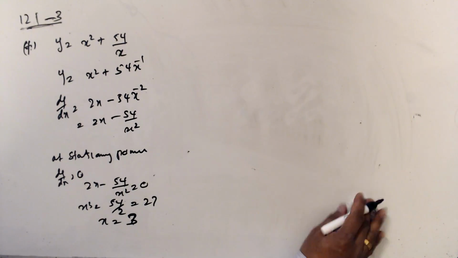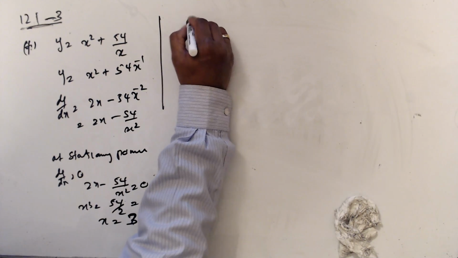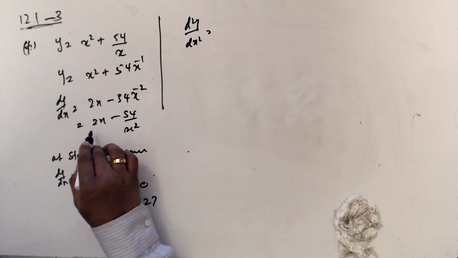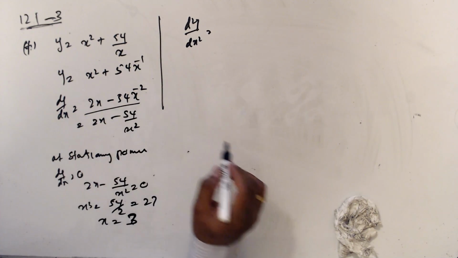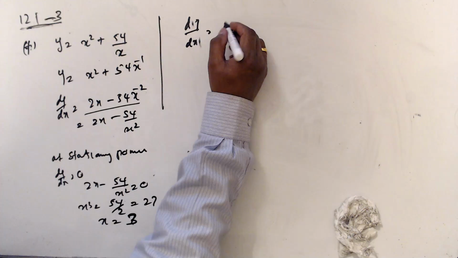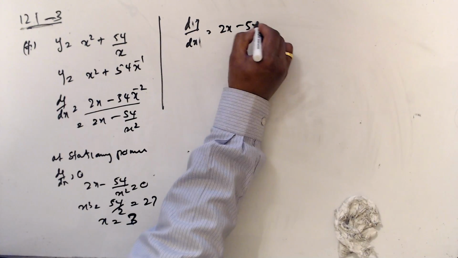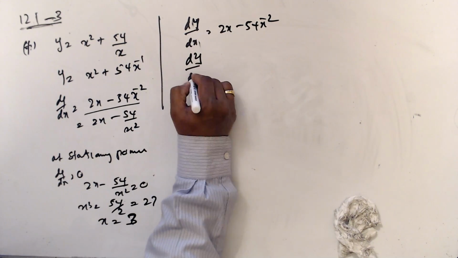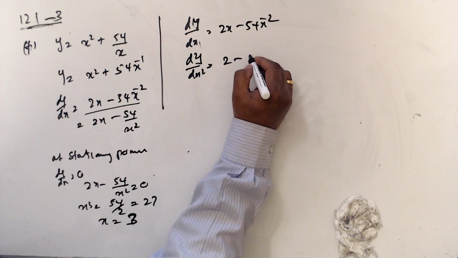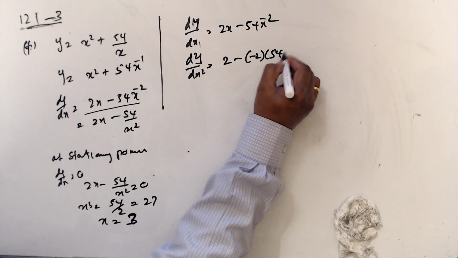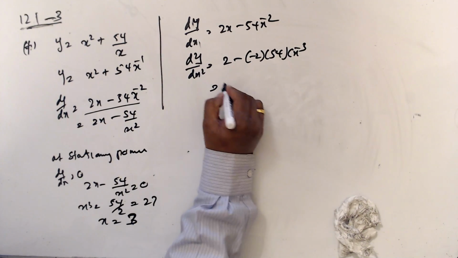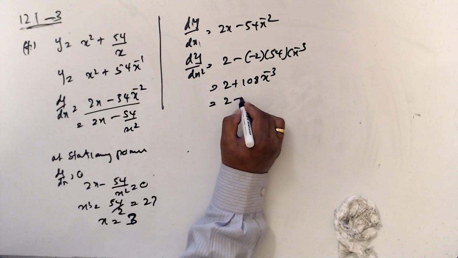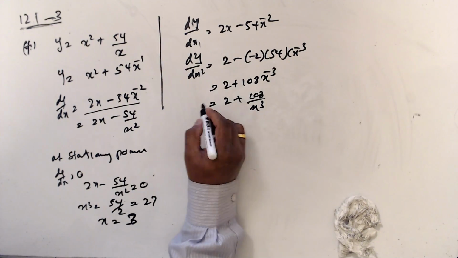Now we get the double differentiation, d²y/dx². I have to differentiate one more time. From 2x − 54x⁻², d²y/dx² is 2 − (−2)(54)x⁻³, which is 2 + 108x⁻³, or 2 + 108 over x³.